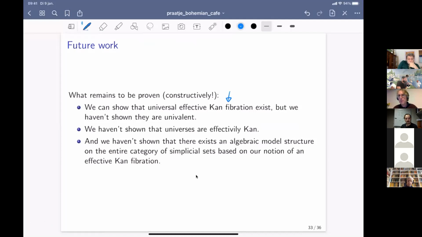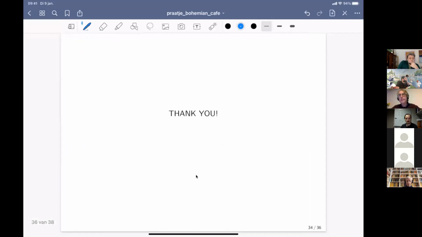We just look at what has been done in the cubical world or cubical type theory, and we try to mimic that as well as we can in the simplicial world. We haven't shown that universes are effectively Kan, which is also important. We haven't shown that there is this model structure. So there's still a lot of work to be done, but at least I hope that with this definition of an effective fibration, we have made an important step towards all of these things.